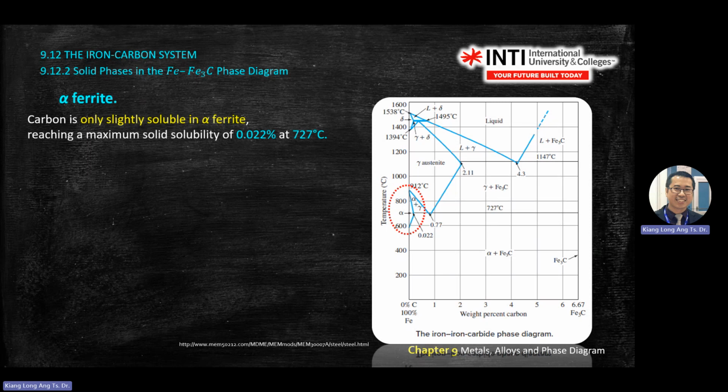Alpha solubility is 0.022% over here. It means the solubility of carbon: a very, very small percentage of carbon can dissolve in alpha at that particular temperature, 722, this one.